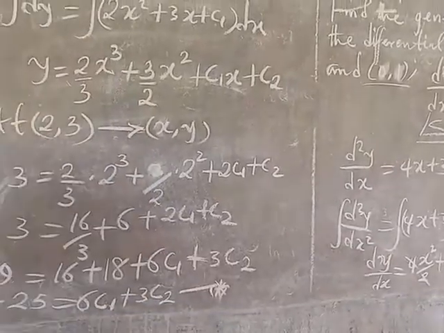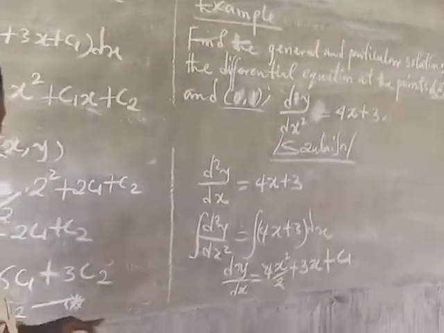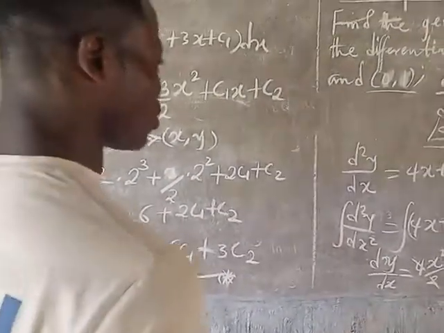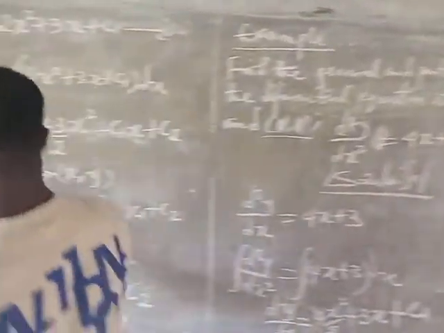So what we are going to do now, we are going to put the second point. When we put the second point, we find the value again, and if it leads to simultaneous equations, we can easily go there.